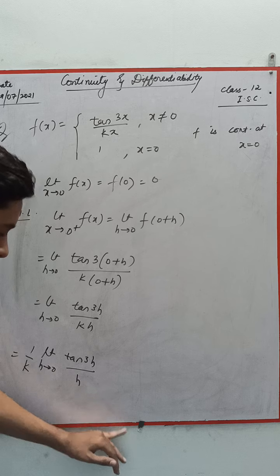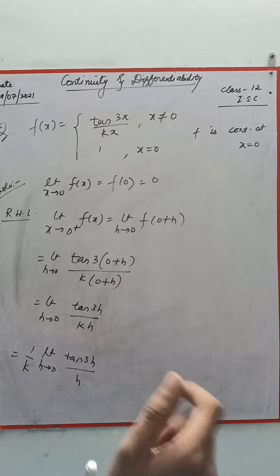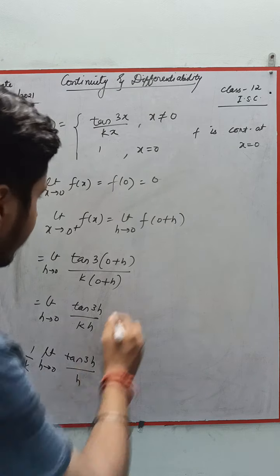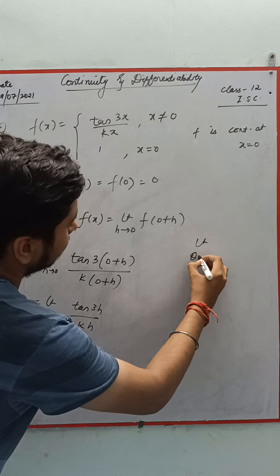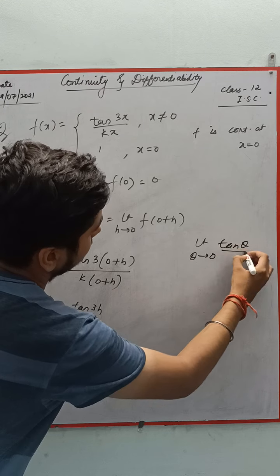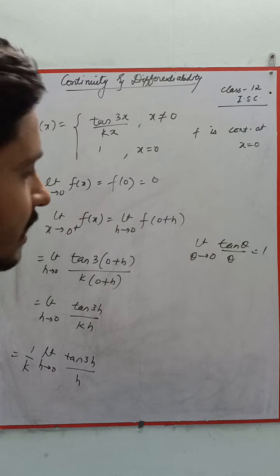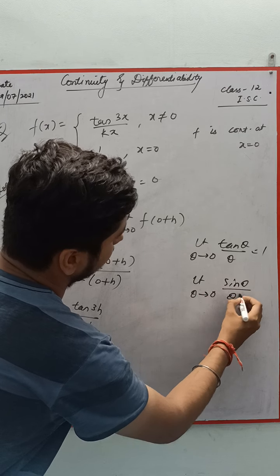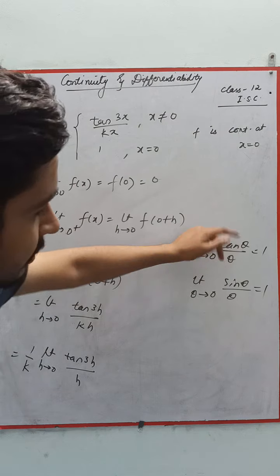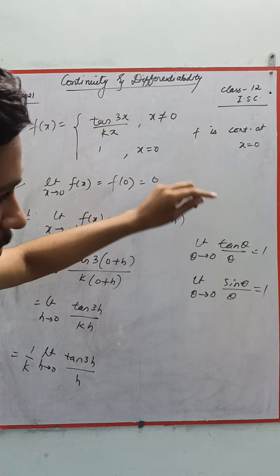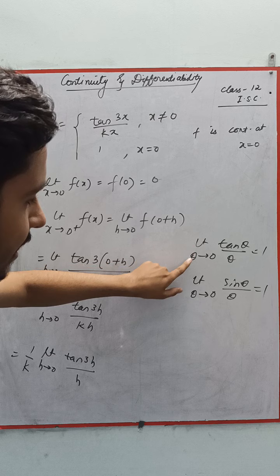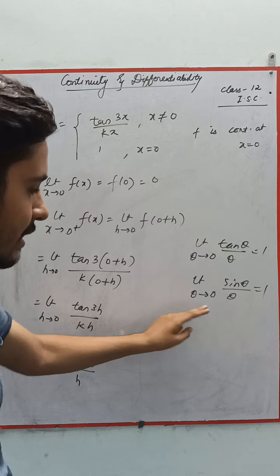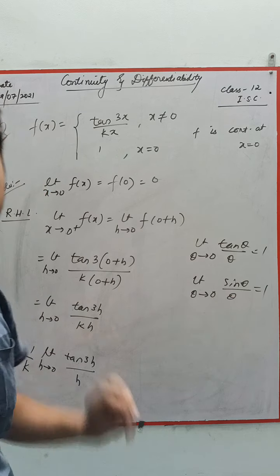Now if you remember one formula or identity which I told you in limits and derivatives in 11th class, that limit theta tends to 0, tan theta upon theta is equal to 1. The same goes for sin theta upon theta, which is equal to 1 as theta tends to 0. And their reverses are also 1: limit theta tends to 0, theta upon tan theta is 1, and limit theta tends to 0, theta upon sin theta is equal to 1.